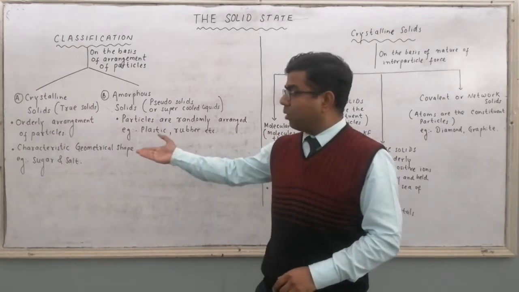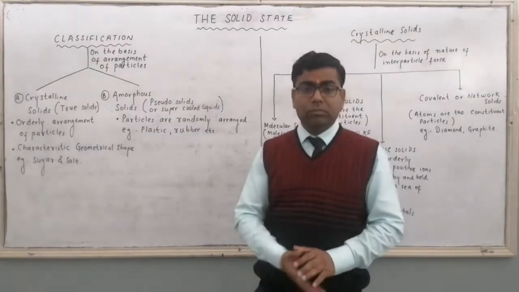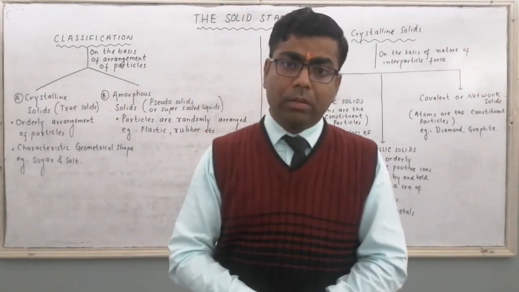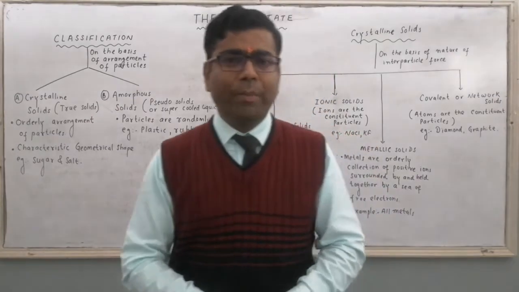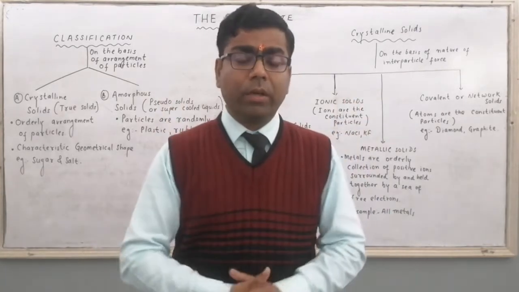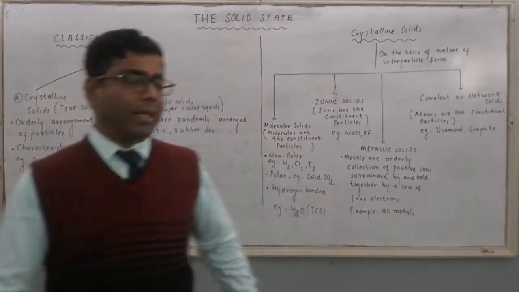Examples are sugar and salt. Remember, these solids have sharp melting point. Means, if the melting point is achieved, then the whole solid will be converted into liquid state. So it is about crystalline solids.